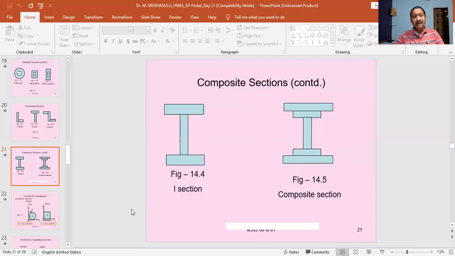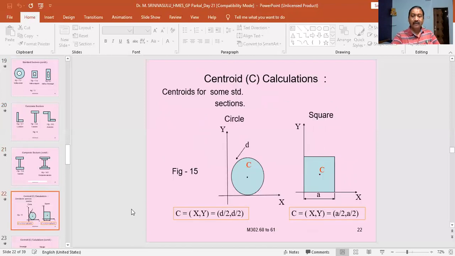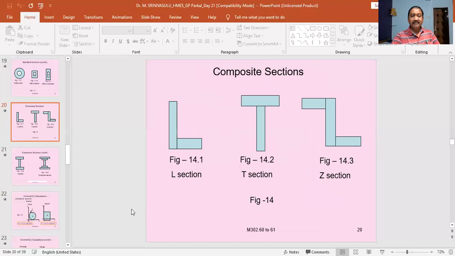For this also we need to locate the center of gravity. In this case, the location of the centroid can be found by first simply dividing the given composite section into simple sections.